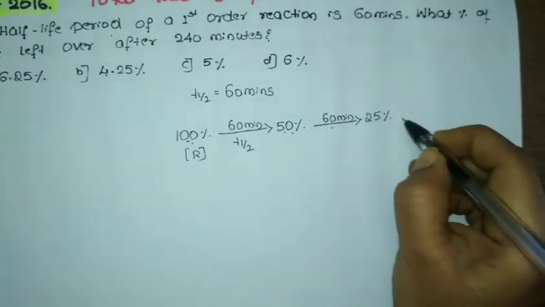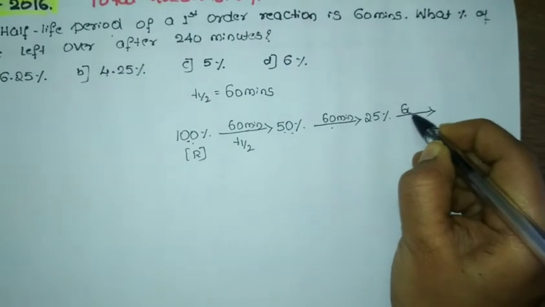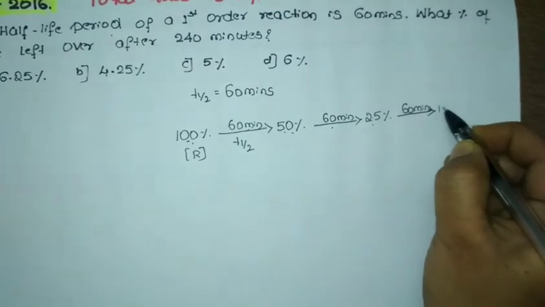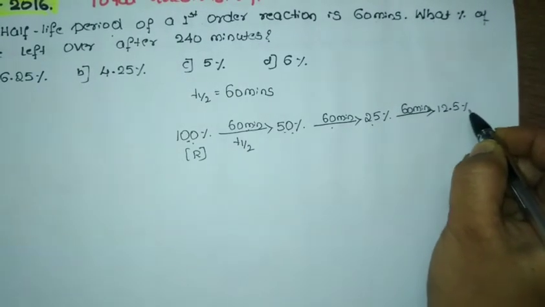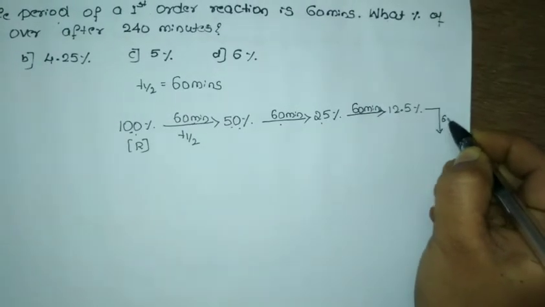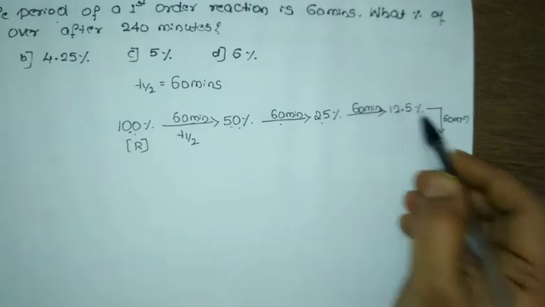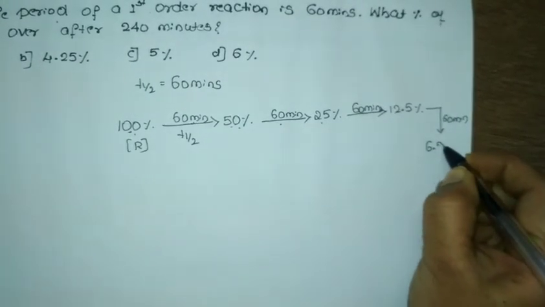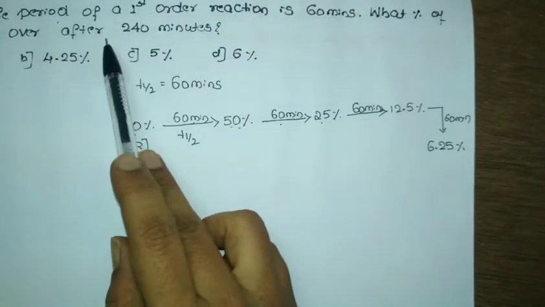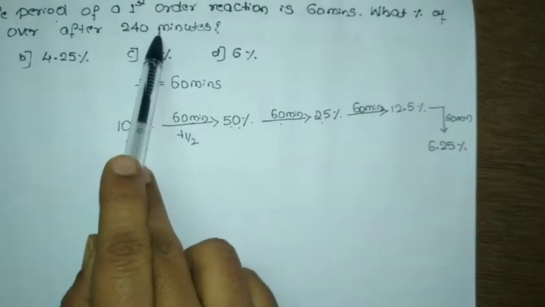Similarly, for another T half, another 60 minutes, 25 will reduce exactly to 12.5%. Now for the last 60 minutes, this 12.5 will reduce exactly to 6.25%. This is because I asked the percentage of the reactant left over after 240 minutes.